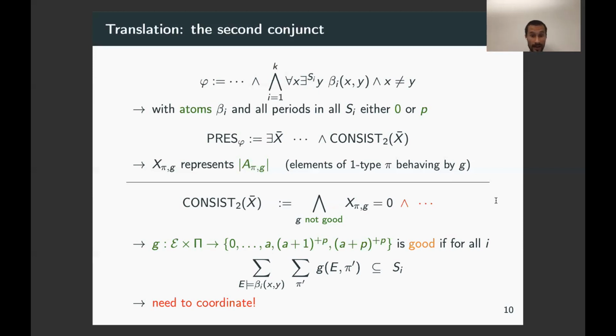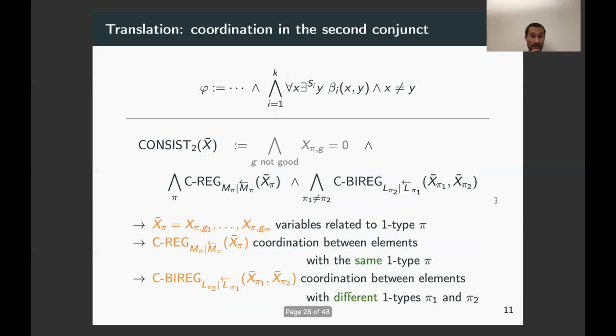And they need to coordinate; just some good number from one side and one number from another side is not enough, right? So we need to coordinate. And the key observation for this paper is that it's enough to coordinate only for each specific pair of 1-types. So we can basically look at only elements of one 1-type, elements of another 1-type, and coordinate between them.